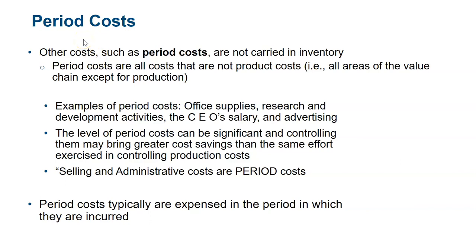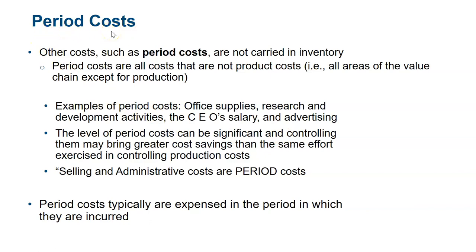We've talked a lot about product costs, and so period costs are any type of costs that are business related but are not carried in inventory, which is actually what it says right here. So any cost that a business incurs that is not a product cost is a period cost.